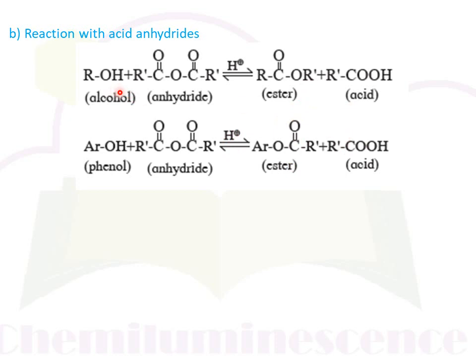Here in this reaction, the RO group of alcohol is combined with the RCO group of anhydride and forms ester, while the remaining part, that is the RCOO part of anhydride and the H plus ion of the alcohol, get combined and form an acid. Similarly, in phenol the ArO group gets combined with the RCO group and forms ester, while the remaining part gets combined and gives a carboxylic acid.